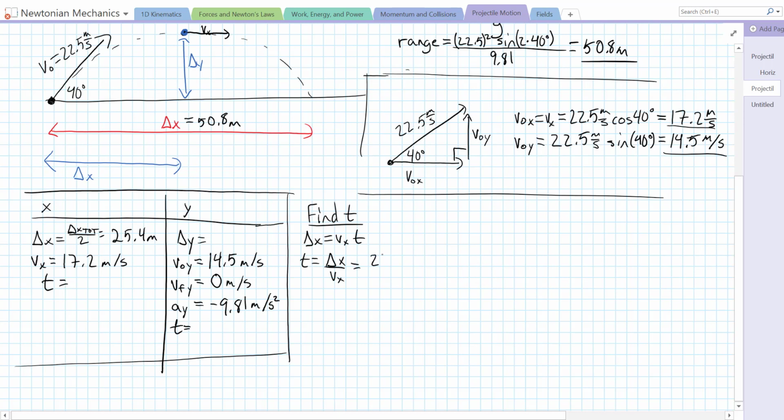So that's going to be 25.4 meters divided by 17.2 meters per second, which gives us a time of 1.48 seconds. Now keep in mind, this is the time to the top of the flight, but I'm still going to fill it into the table. 1.48 seconds.